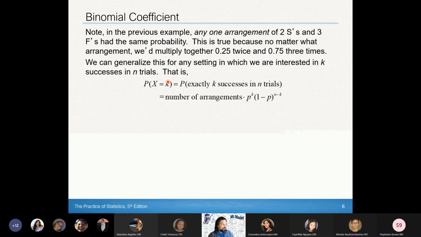That is, the probability of X equaling K is equal to the probability of exactly K successes in N trials, which is equal to the number of arrangements, the number of ways I can have K successes in N trials, times the probability of success, P, to the power of K successes, times the probability of failure, 1 minus P, to the power of the number of failures.